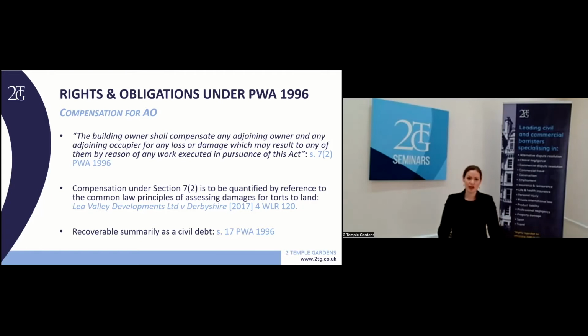However, if the adjoining owner, or the adjoining occupier for that matter, can satisfy the common law principles of causation, remoteness, and mitigation, then there's no theoretical limit to the losses that they can claim for. For example, assume Kevin, the adjoining owner, has a very successful hypnotherapy practice, which he runs from a room in his home.